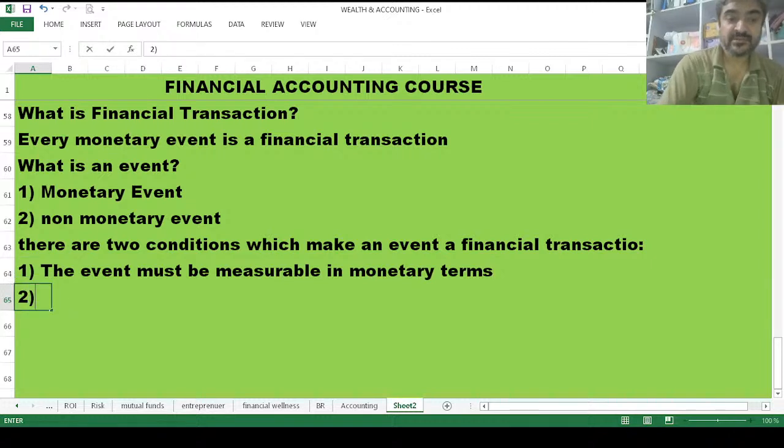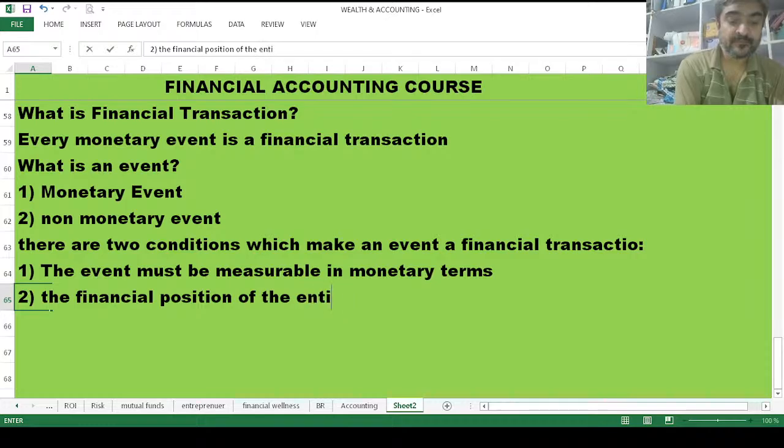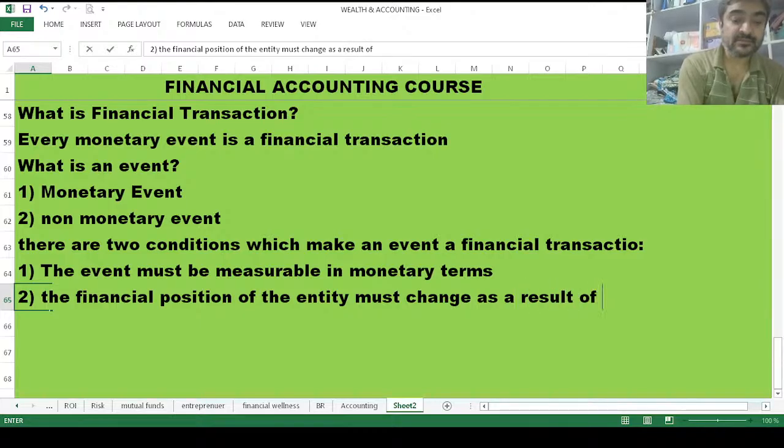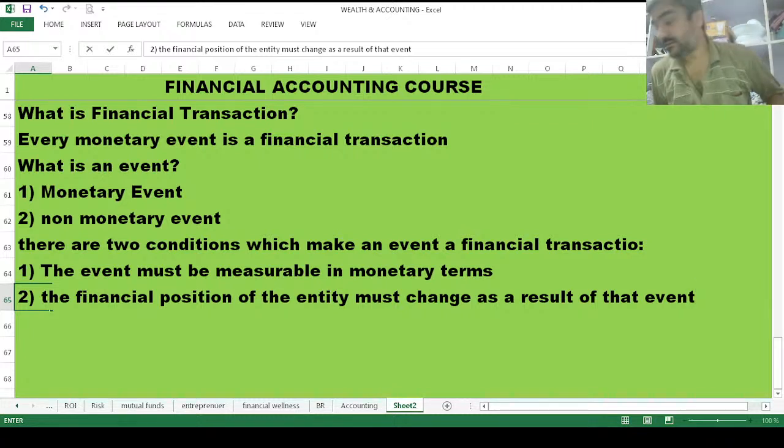And number two condition is the financial position of the entity must change as a result of that event. I will discuss in detail in the following paragraphs what is meant by a financial position.